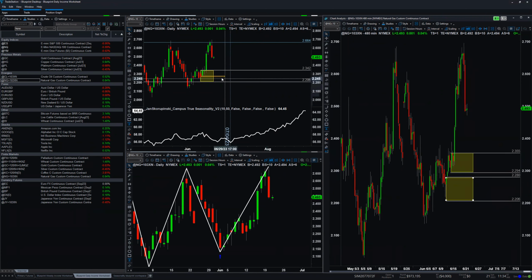The question is, where's that gap fill at 2.266? Now we can see that 2.266 is our level on top of level, at that gap fill area. So we can even refine it a little bit and put it to the daily gap fill right here.